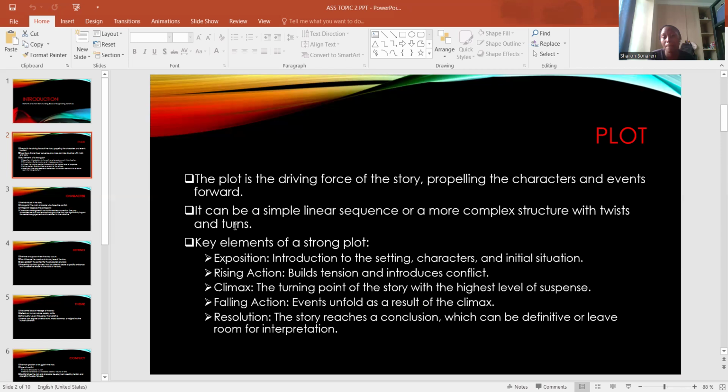And we all know the plot has 5 key elements: the exposition, the introduction part; the rising action, where it builds tension and introduces conflict; the climax, the turning point of the story; the falling action, where events unfold as a result of the climax; and the resolution, the final one, where the story reaches a conclusion, which can be definitive or leave room for interpretation.